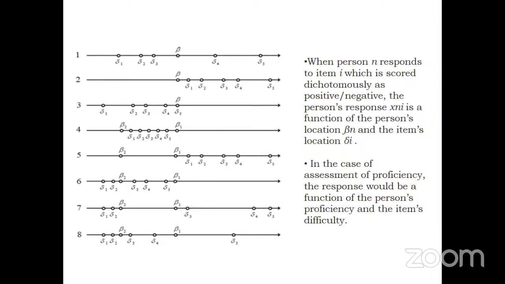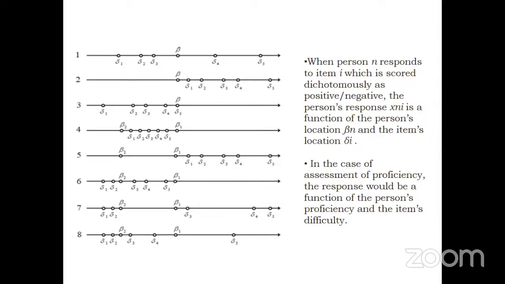Now, just as in the previous slide, as we discussed, the location of a person and the location of an item are on a particular continuum. So what you are seeing here is that the beta indicates the location of a person on the continuum, and all the delta that you are able to see indicate the location of items on the continuum.